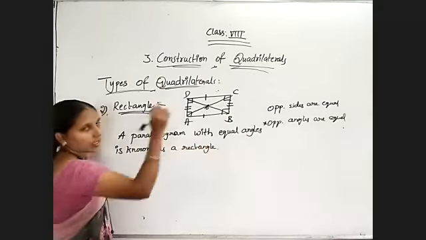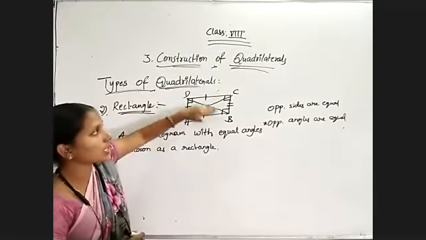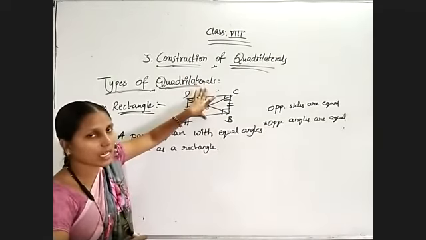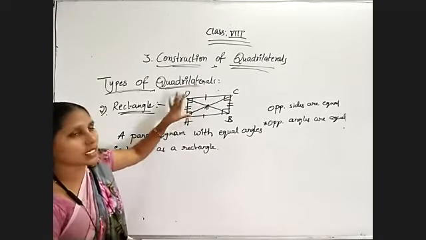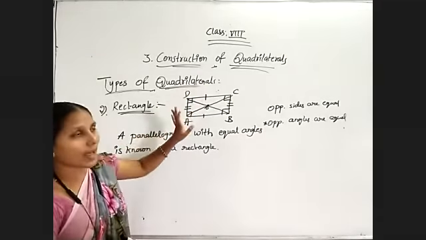Why am I saying it is a parallelogram? It has two pairs of opposite sides that are equal and parallel. Opposite angles are also equal. Angle A equals angle C, angle B equals angle D. The only difference is all the angles are equal to 90 degrees. That's all. And diagonals bisect each other.